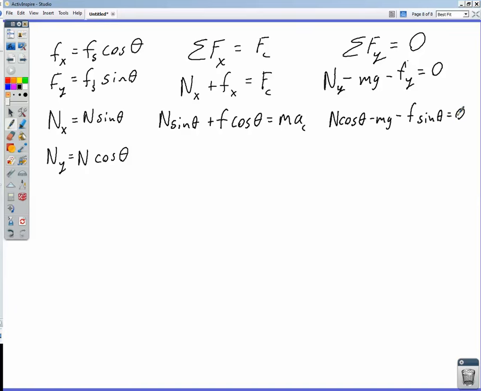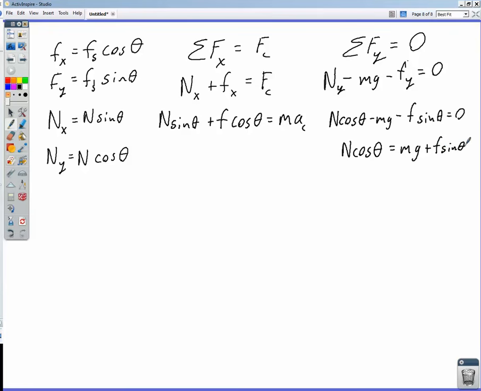So keep in mind here, we're going to basically solve for a sub c. And let's get rid of the normal force. So over here on the y side, let's solve for the normal force. We have N cos theta is equal to mg plus F sine theta. Oh, before we even do that, hold on.